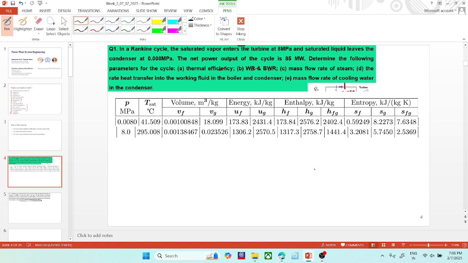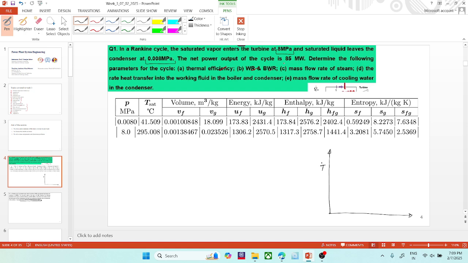So, what they have asked: in a Rankine cycle, the saturated vapor enters the turbine at 8 megapascal and saturated liquid leaves the condenser at 0.008 megapascals. So these are the two pressures they have provided. I will draw the Rankine cycle here.